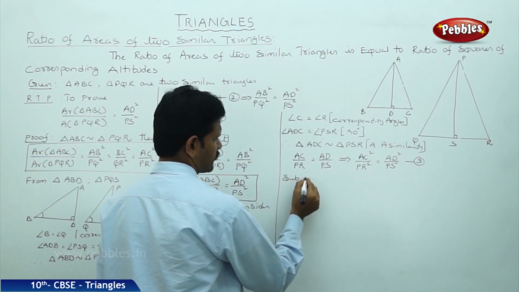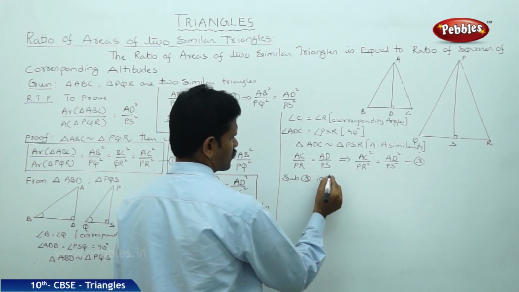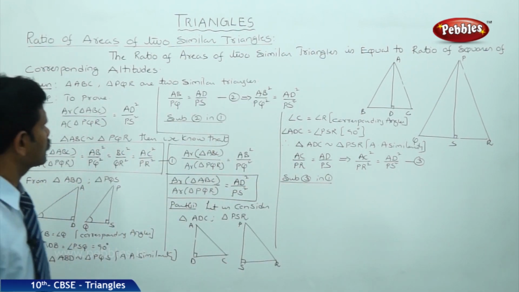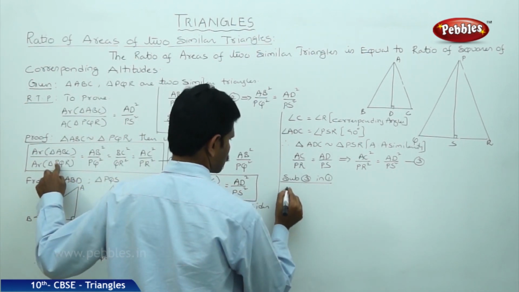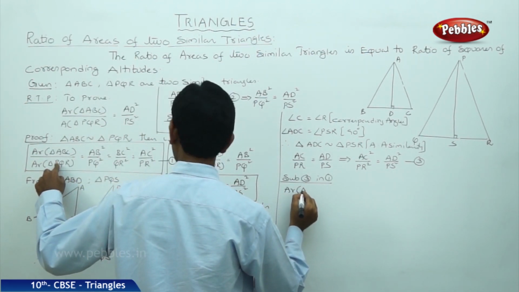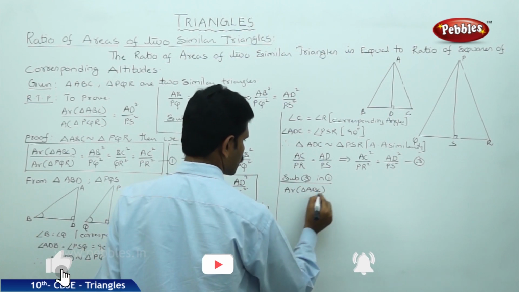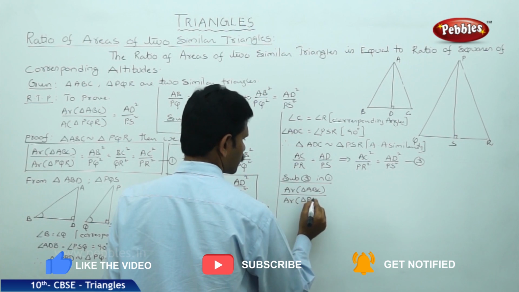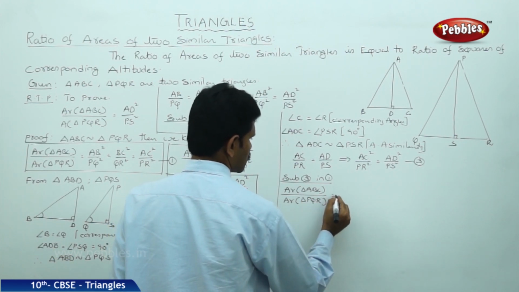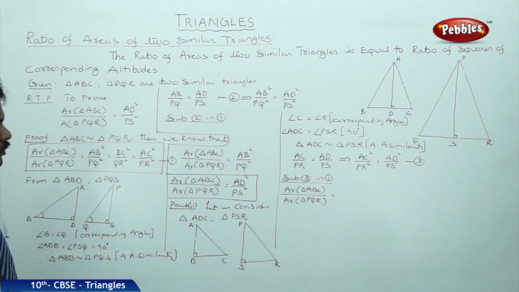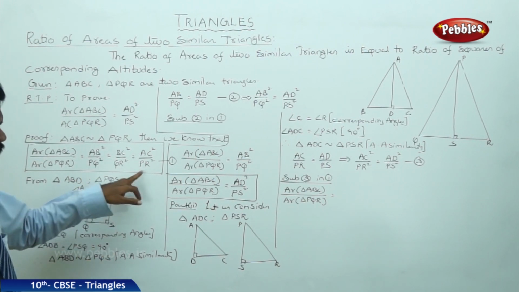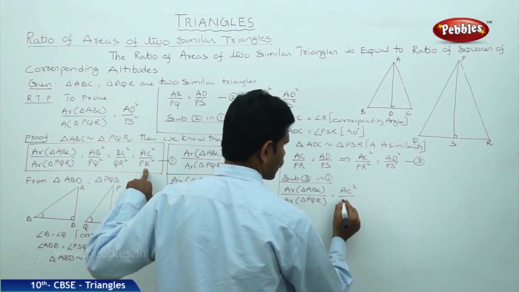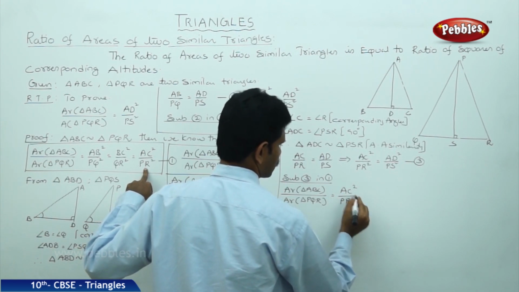Substitute equation 3 in equation 1. That is, equation 1, area of triangle ABC by area of triangle PQR is equal to, now you can consider any of the parts. Now we will consider the part 3, that is AC square by PR square.